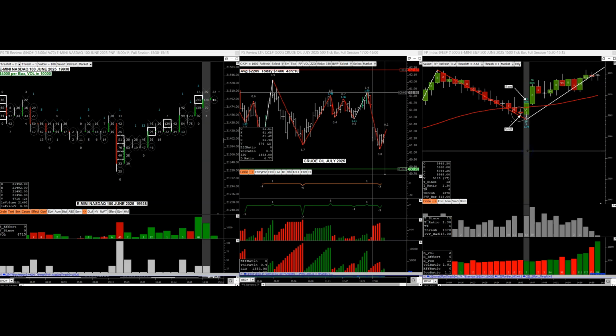So, what's the point of all this? The point is to learn how to analyze a chart, and specifically the dynamics of springs and upthrusts, and knowing what to look for. With springs and upthrusts, we started with the premise that there's accumulation and distribution going on, and in order to clearly see that, we need to see supply meeting demand and demand overpowering supply, and vice versa, to move the market.